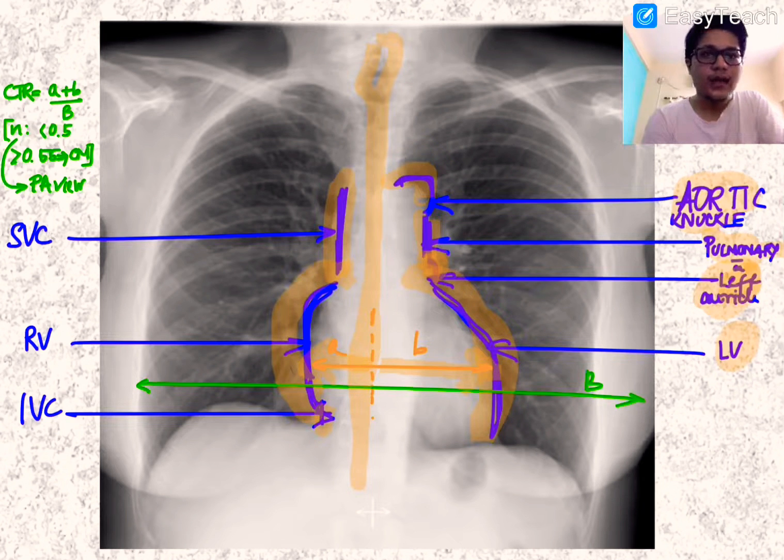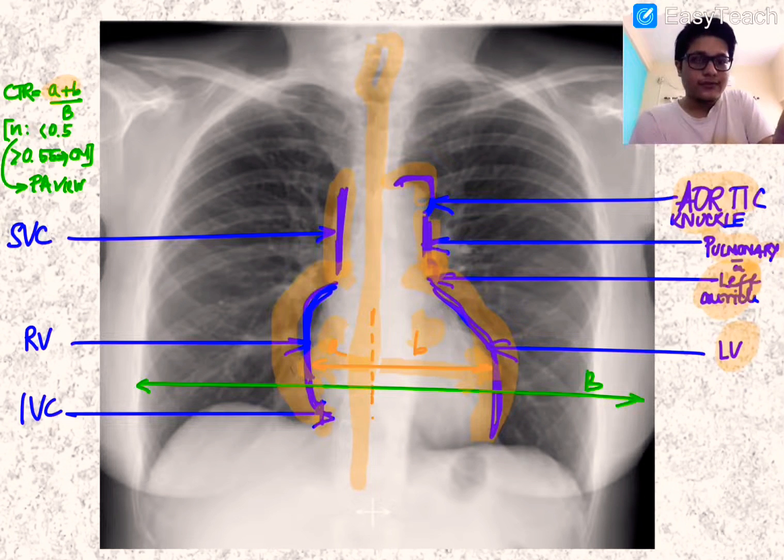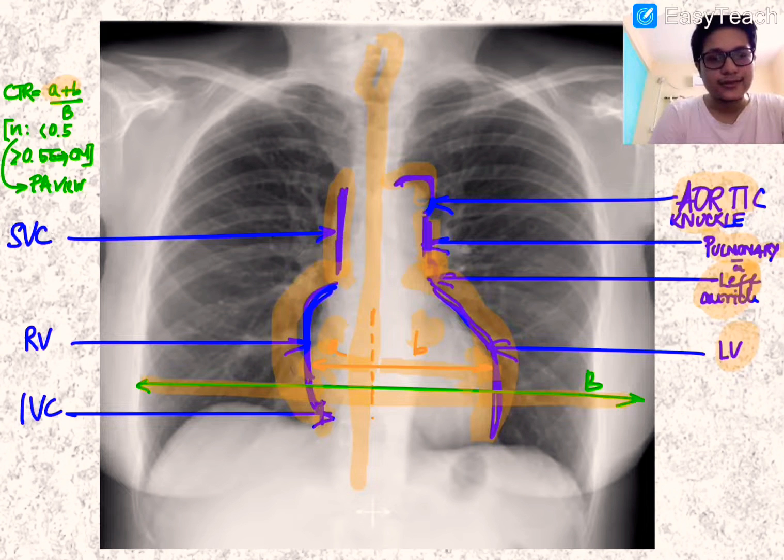Okay, suppose on this side is A and this side is B, we have to add it up, and then we have to gauge the maximum transverse diameter of the thorax. Suppose that's capital B. Okay, so the cardiothoracic ratio is A plus B divided by capital B. Normally this ratio for a PA view is less than 0.5.